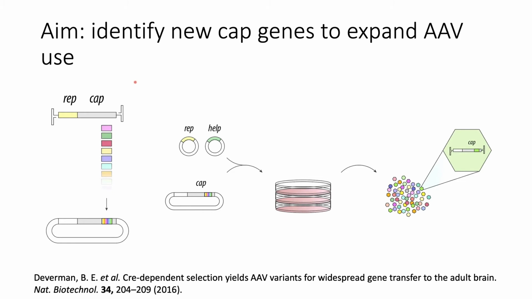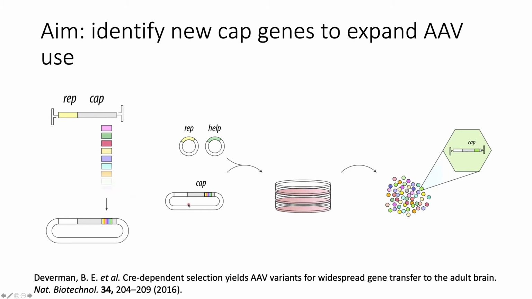To do this, we relied on a method described in 2016, which allows for selection of AAV variants that cause transduction of specific cell types. In this method, a library of the gene encoding for this coat protein, also called CAP, is produced in the laboratory.